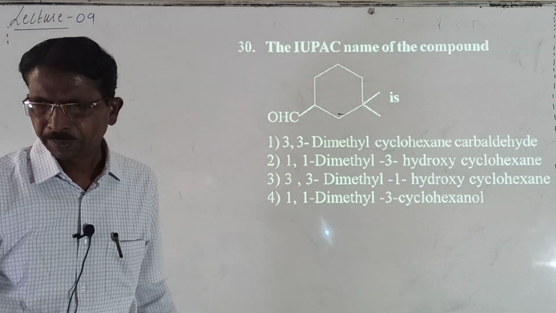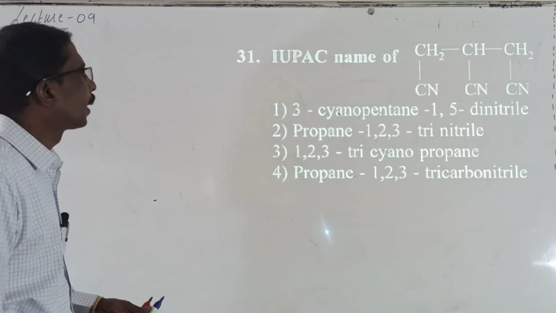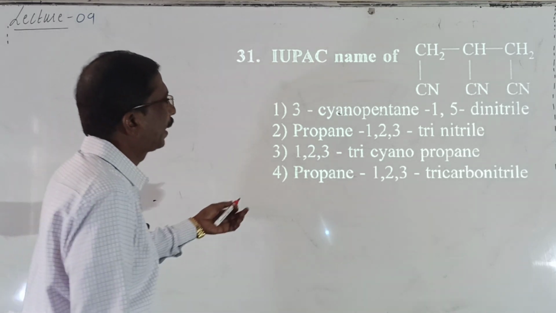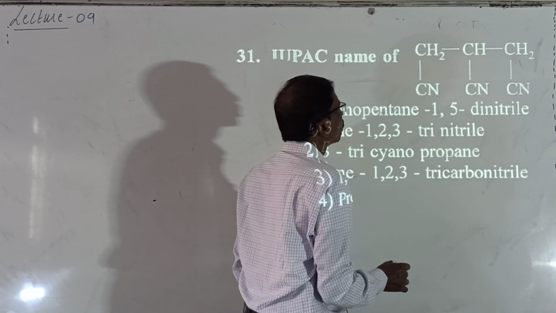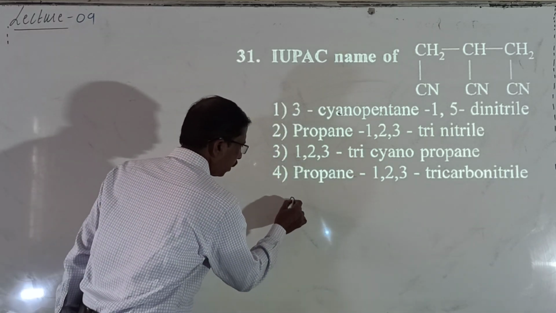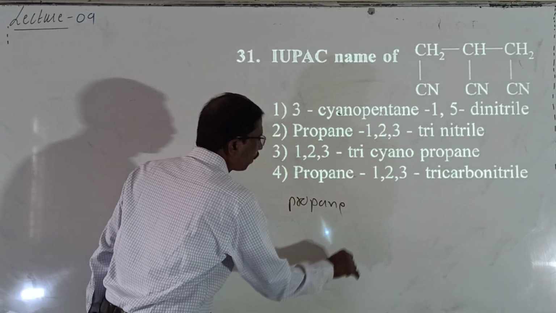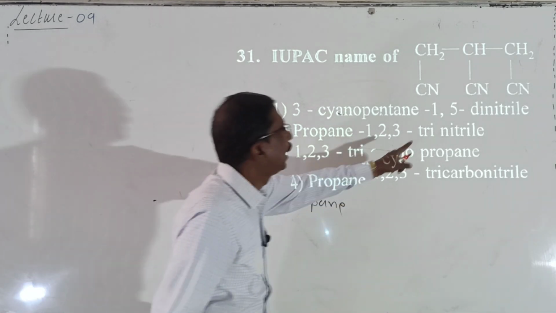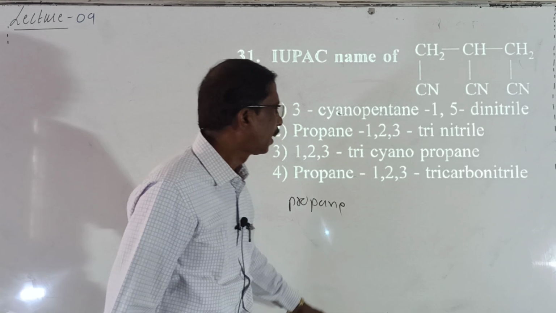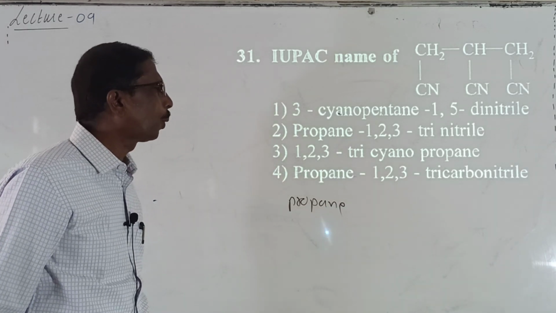Then students, the next one: the IUPAC name of, look here, a very simple compound with 1, 2, 3 positions. It is a cyanide, so it is called propane, and 1, 2, 3 tri. This is the nitrile group, CN.